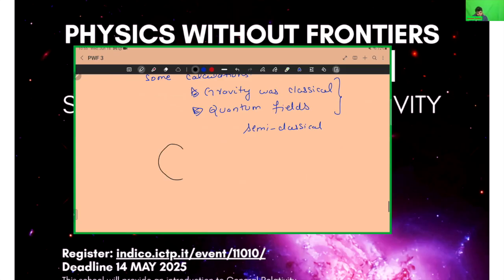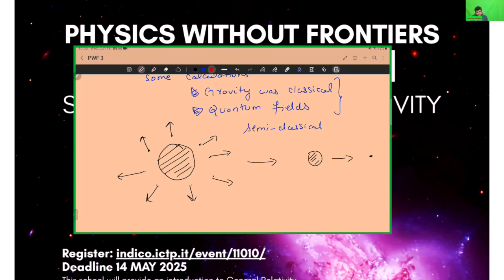So if this is the black hole, there are these points here from which radiation can go out, right? And because of this radiation, the black hole loses mass and eventually evaporates away, right?